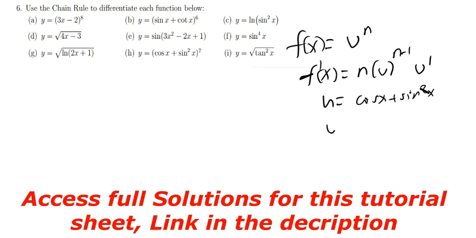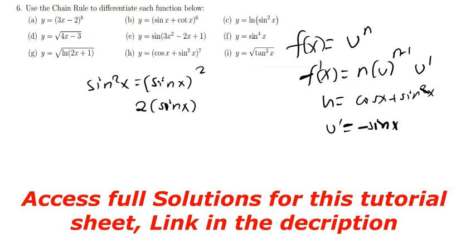My u prime, if I differentiate this one, is going to be negative sine x, but the derivative of sine squared x is the same as we said, of which is going to be 2. You keep this constant, then you differentiate. Now that one is going to be cos, so it's like you have got 2 sine x cos x, so plus 2 sine x cos x, like that.